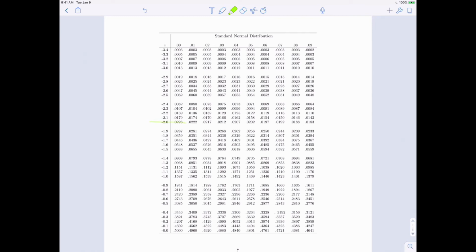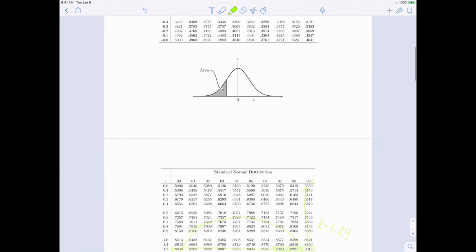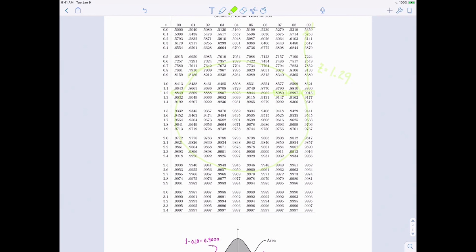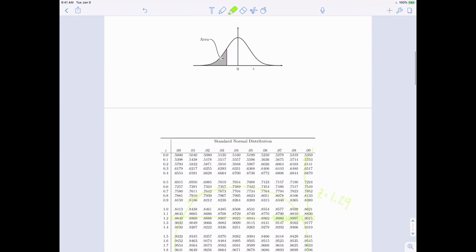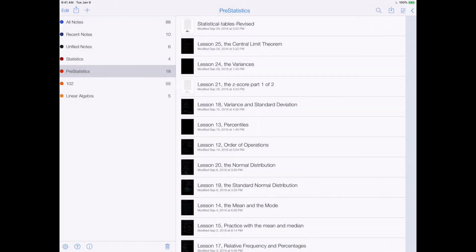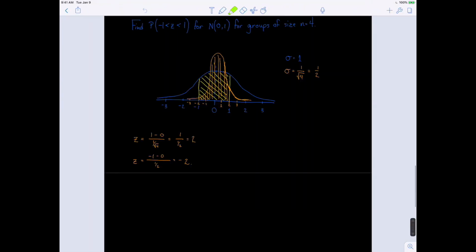It's 0.0228, and I'll have to remember that, hopefully. And then if I look at +2, it's 0.9772. So let's come back to where we were and see what we've got.